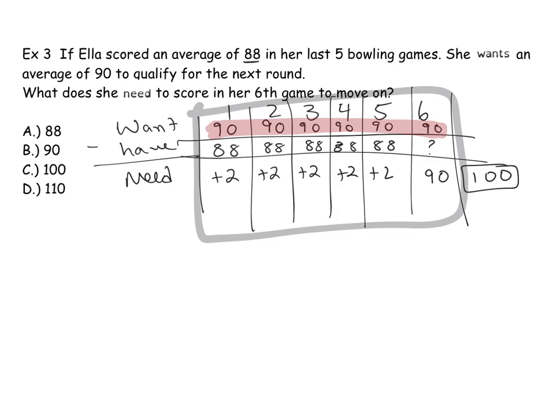We can take 90 times 6, which was our total amount of games that we're going to play. And essentially, we want a total of 540 points. So far, if we look at what we have, we've scored 88 5 times. That's 440 points.